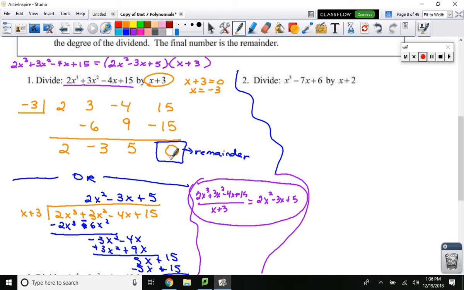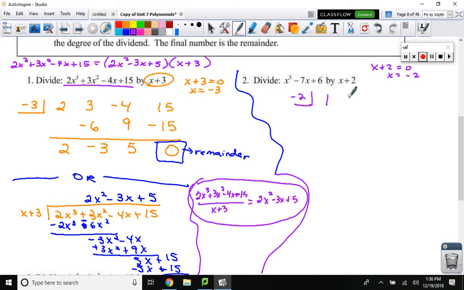Try another one? We're going to go back to synthetic division. What has to go in the box? -2. Put the -2 in the box. Coefficients: what's my first coefficient? What's my second coefficient? 0. Why 0?